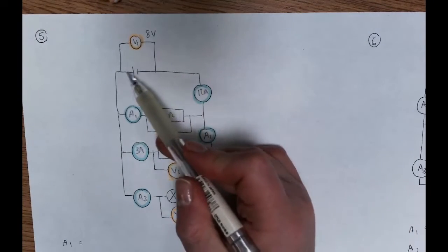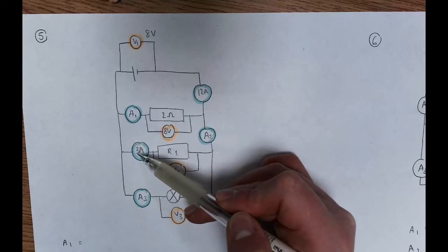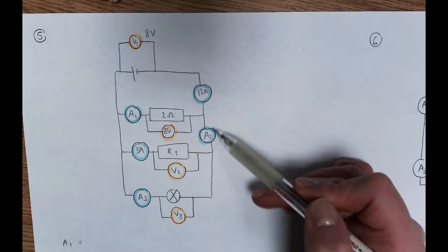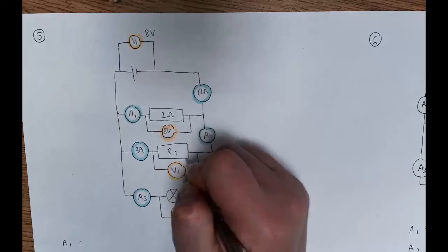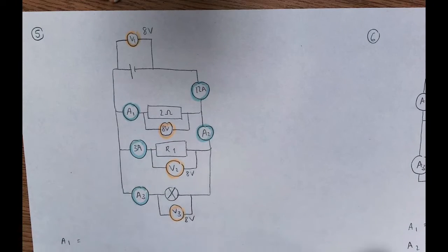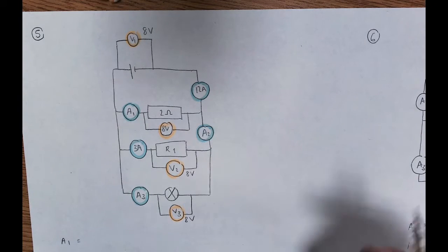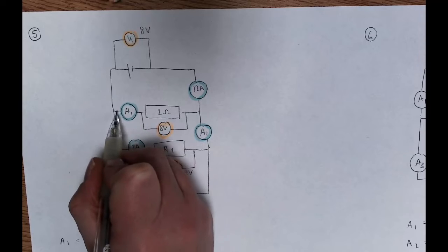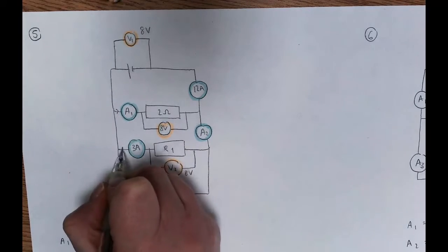That then tells us that each electron that comes on the second path also has 8 volts to drop across the component, which means that this must also be 8 volts, as this one must also be 2. Okay, now we know that we've got current flowing into each junction.